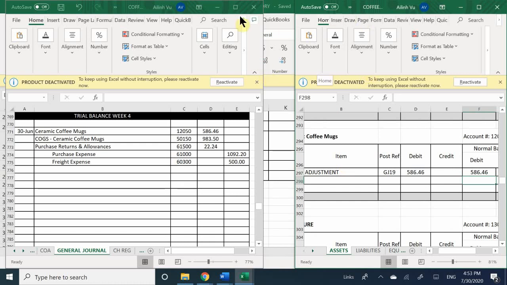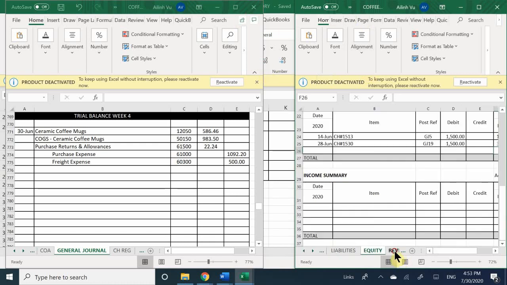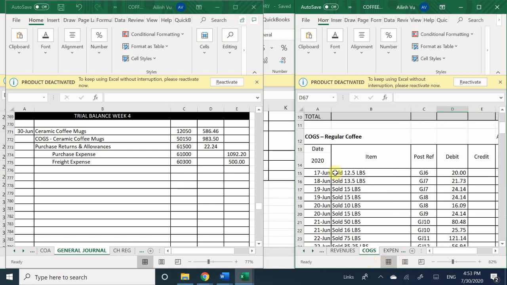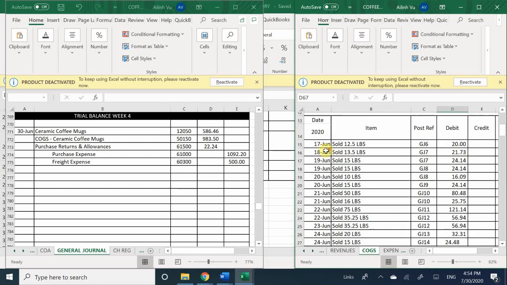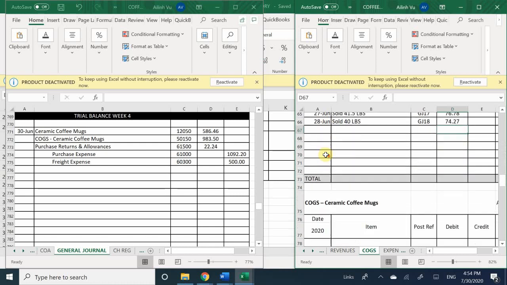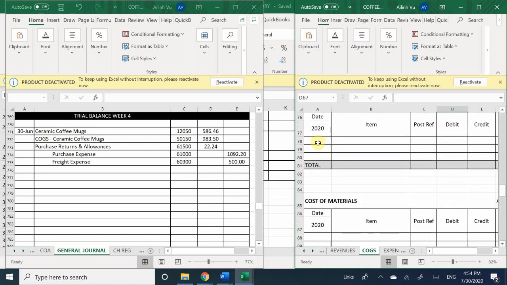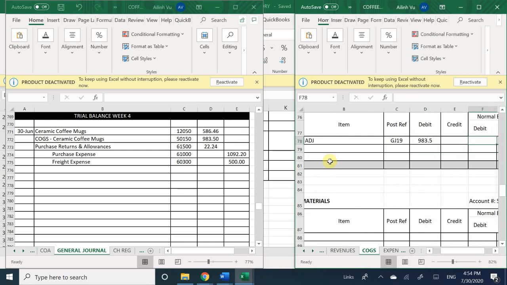Next is going to be cost of goods sold for ceramic coffee mugs. Right here, I'm going to write 6/30 and I'm going to write adjustment, General Journal 19, for 983.50. So that means I have a debit balance of 983.50.